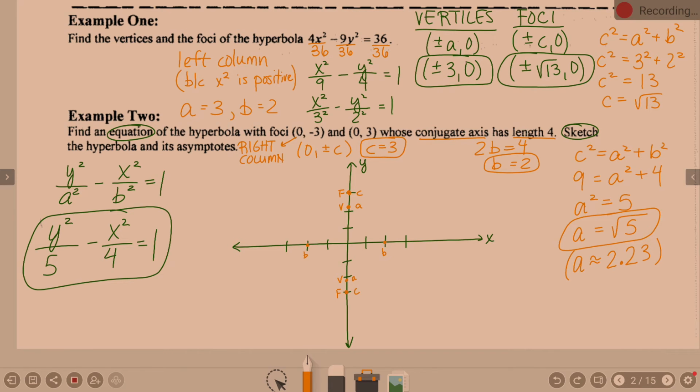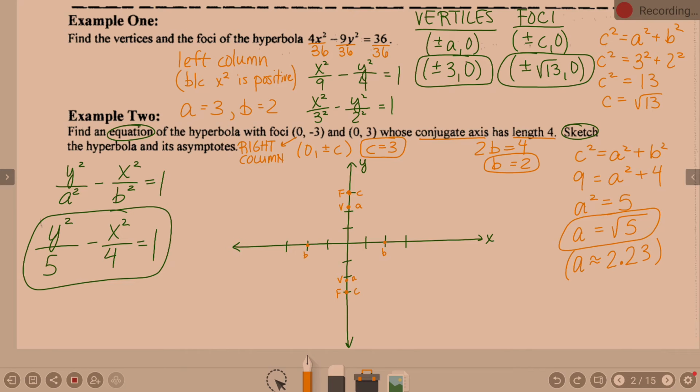Now, here's the deal. What I do to draw my asymptotes, unless you want to, what's the formula? Plus or minus A over B x. So we could try and graph the equation that is plus or minus the square root of 5 over 2 x. So do you want to do a slope of square root of 5 over 2? I prefer not. So instead what I'm going to do is make a box, using my A and my B values.